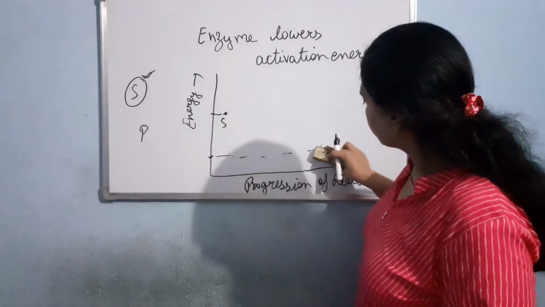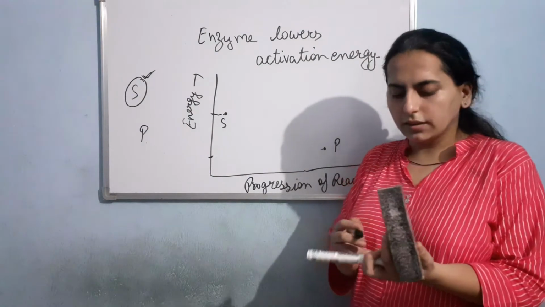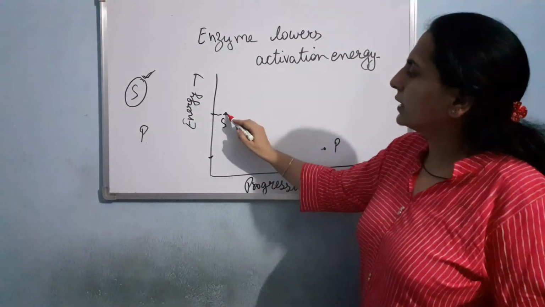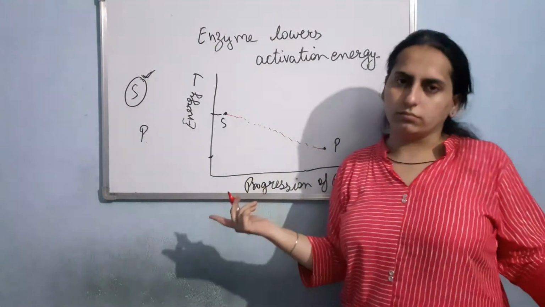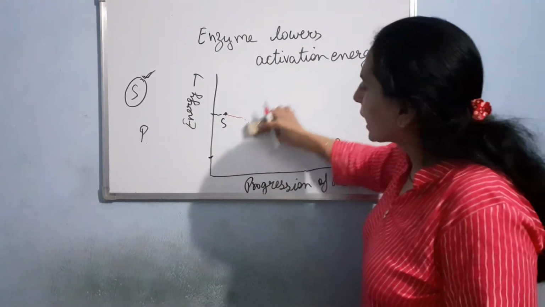Now you will just think that the reaction should carry out in this way. The substrate will keep on losing the energy and it will change into product. This you will think, but this is not actually happening. Firstly, what happens?